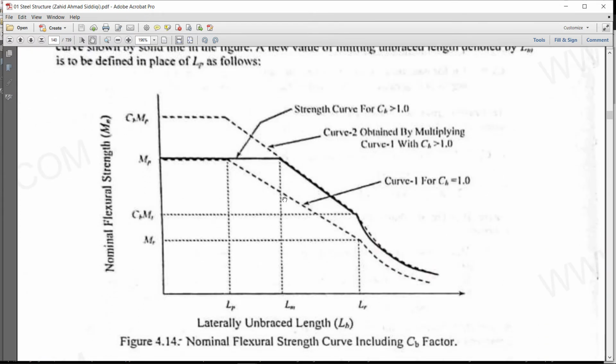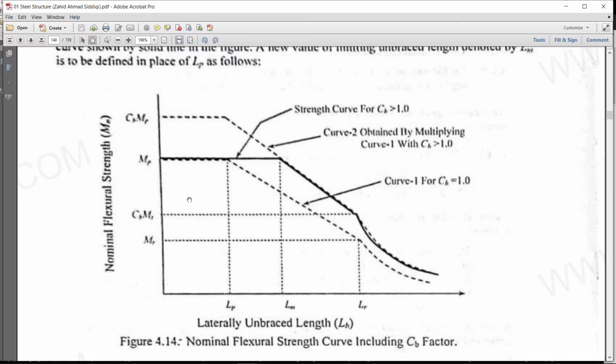Here is the curve. Previously we have seen the curve, and I explained that if a moment acts on a beam and our unbraced length is less than Lp, then our member will go for full plastification, meaning the section will yield throughout its depth. But we have just discussed the lateral torsional buckling modification factor.